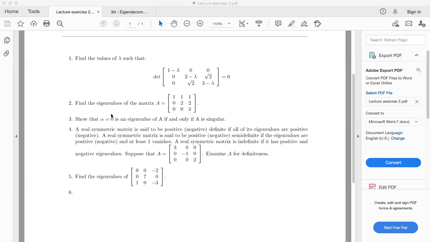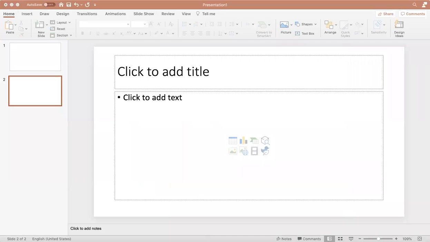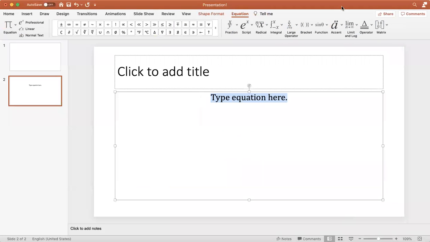Let me share my PowerPoint screen. Okay, so let's copy that matrix. Maybe you can just get the determinant right away. So to get the determinant of the matrix, let's just input the matrix here so that everyone can see later on when you replay this.